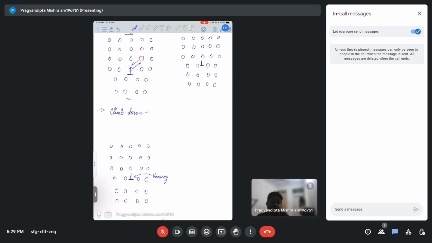So now, instead of vacancy moving in, now the vacancy is moving out. This vacancy is now moving up to this point, and this atom is moving here. Let me use a different pen.